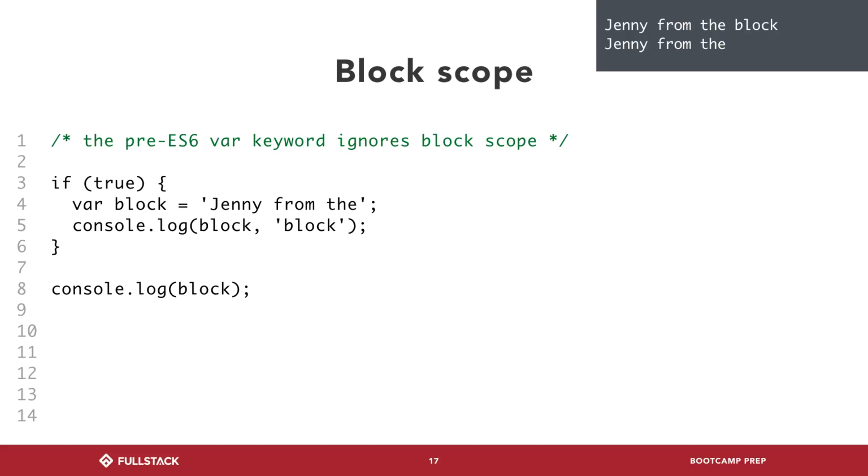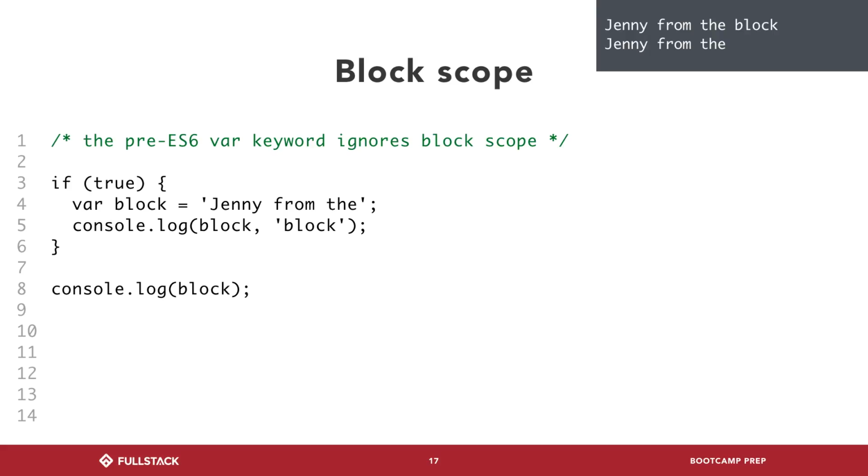So every variable that you created with var, whether in an if statement, a for loop or a while loop, got assigned to the scope of the function that it was in. Let basically says, let me look for the nearest scope, whether it be block or function, and attach it there instead. So let is a more precise way to create variables, and that's why nowadays it's the default way in JavaScript.